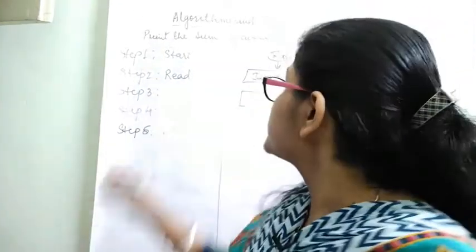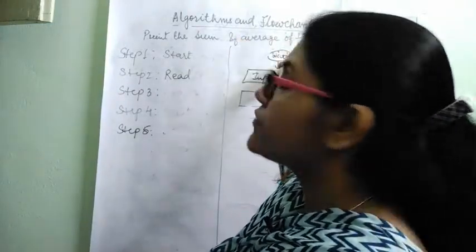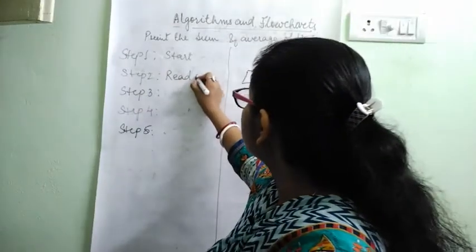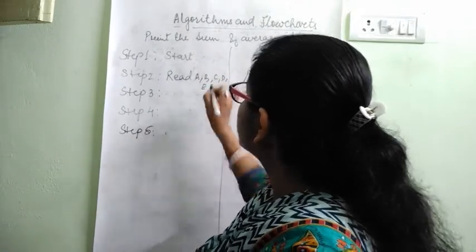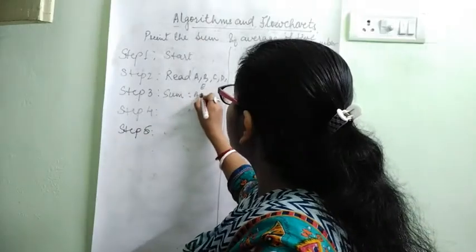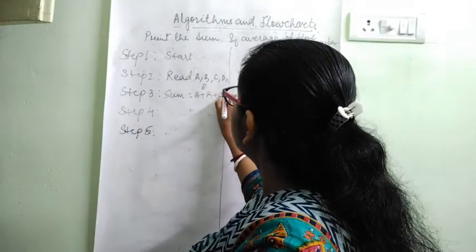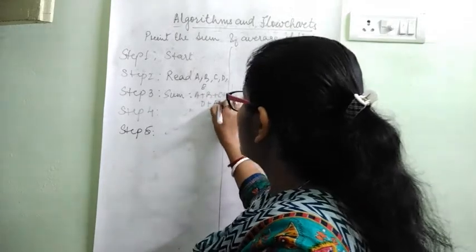So this is another question. Sum and average of 5 numbers. We'll take 5 numbers A, comma B, comma C, comma D, comma E. 5 numbers we have taken. We have to take out the sum first. So sum is equal to A plus B plus C plus D plus E. Okay.